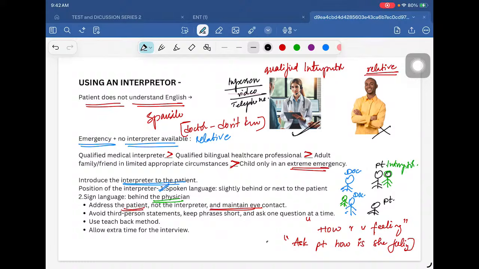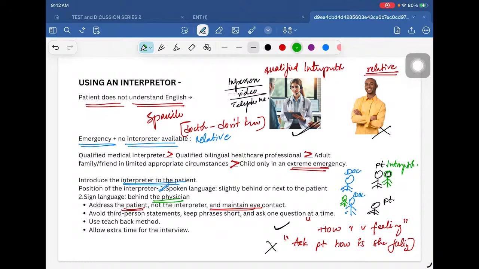This is wrong. How are you feeling? This is correct. Throughout the communication, you have to talk with the patient, not with the interpreter. It should be direct communication to the patient rather than asking details from the interpreter.